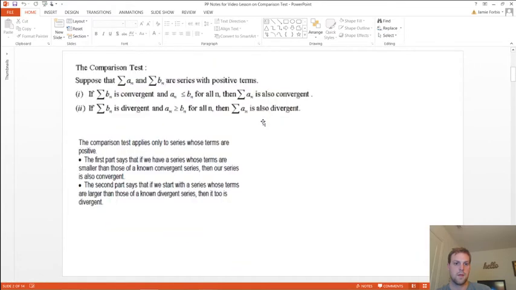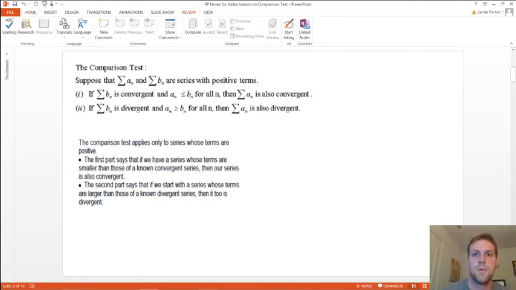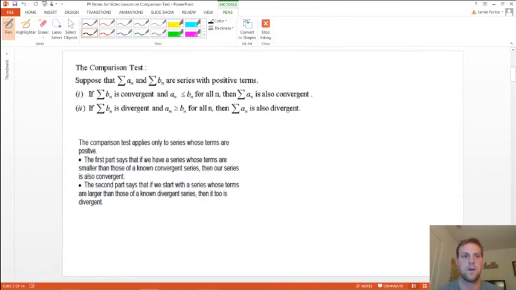First things first, we've learned comparison tests before, but it wouldn't hurt to maybe refresh it a little bit. We learned it with functions. We never really learned it with sequences or series yet, but we can definitely talk about that right now. It says the comparison test.